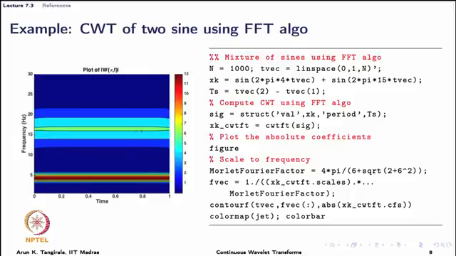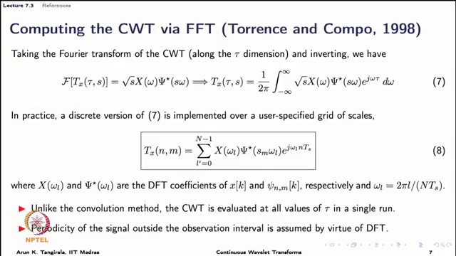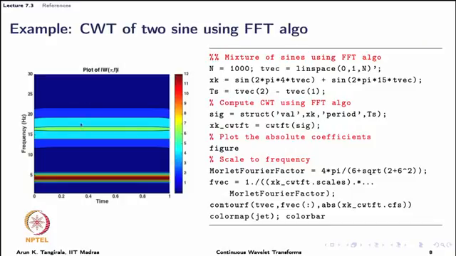There are of course a lot of similarities with what we have seen with the convolution algorithm, but one difference, as we discussed, is that the magnitude plot there seems to suggest that the signal is not present in the initial and final portions, whereas the Fourier transform algorithm does not show any such artifacts, because it assumes periodicity. So you do not run into the border effects that you see in the convolution algorithm.